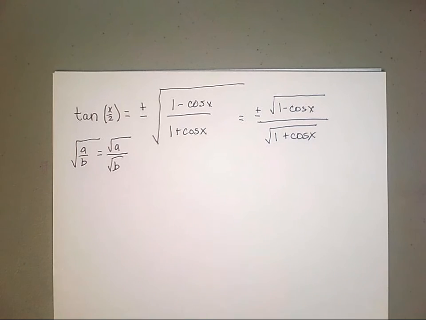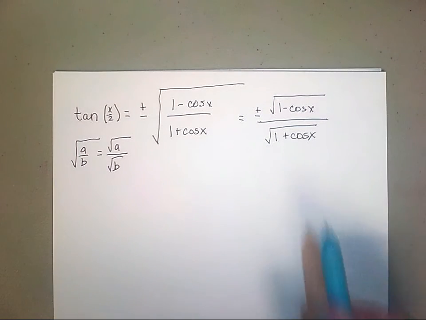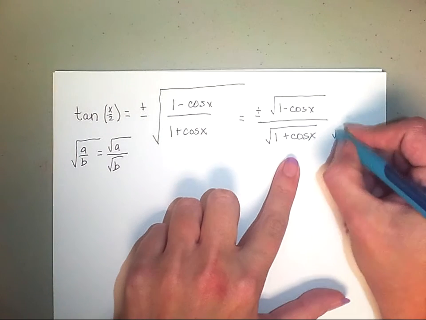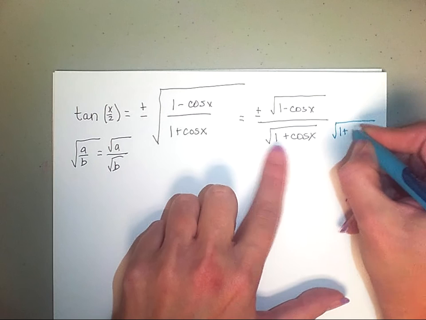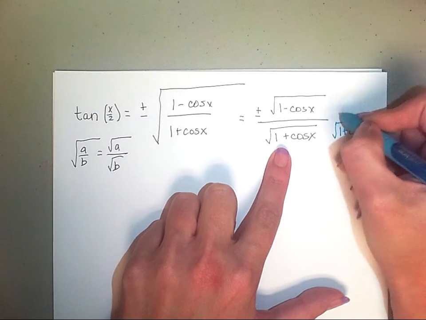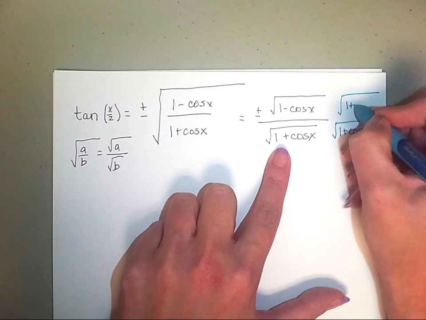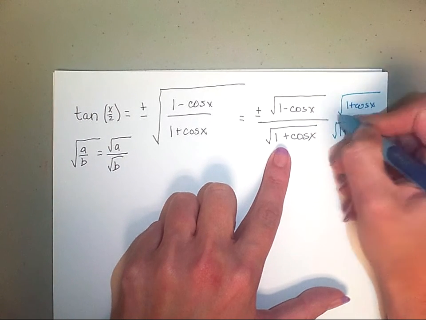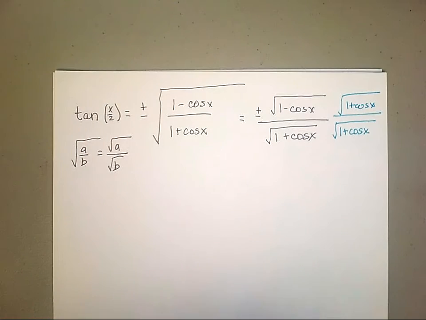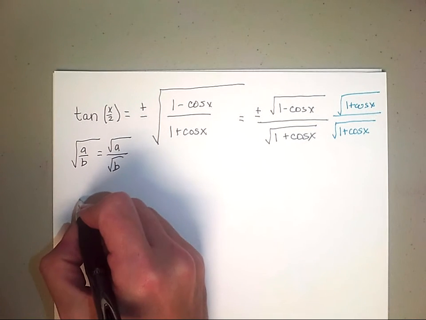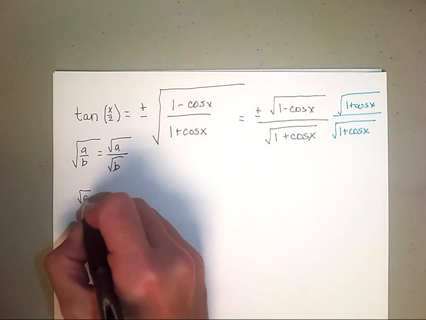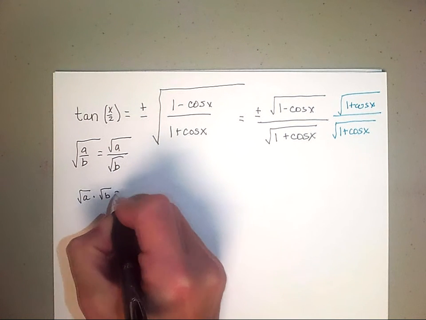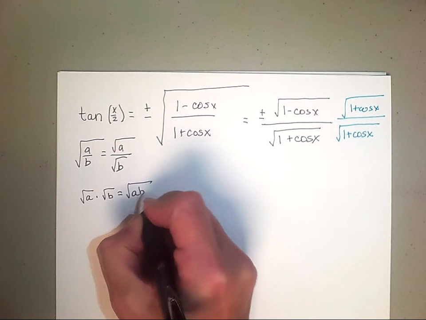And you can ask, why would we do that? Well, now that the radical's in the denominator, I could rationalize, and I would get rid of that square root. Okay, so I'm rationalizing here. So now, also remember that if you have the square root of a times the square root of b, well, that's the square root of their product.